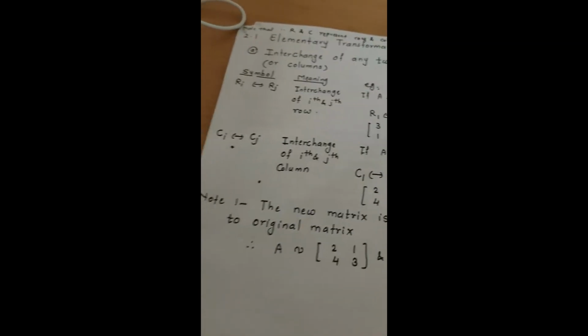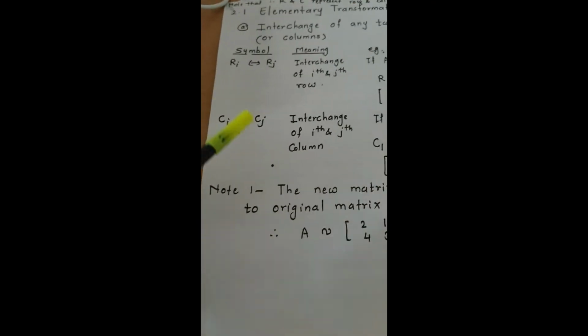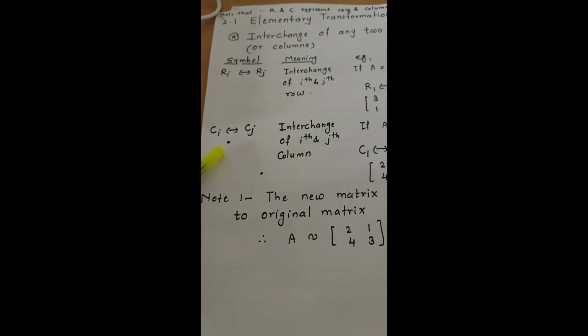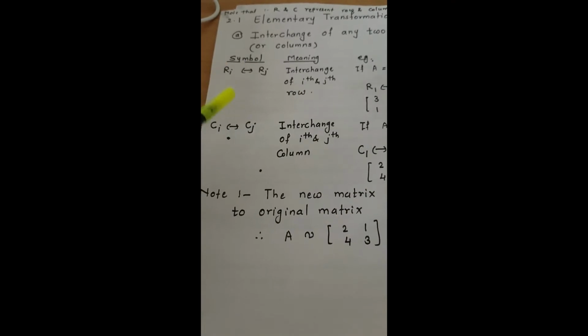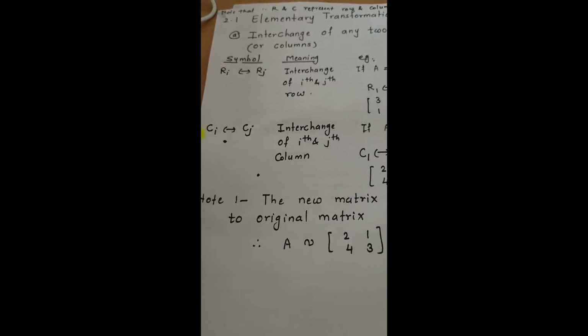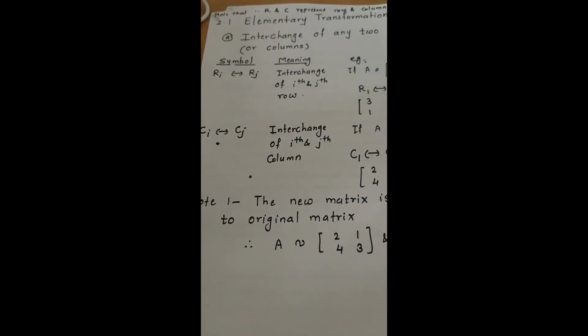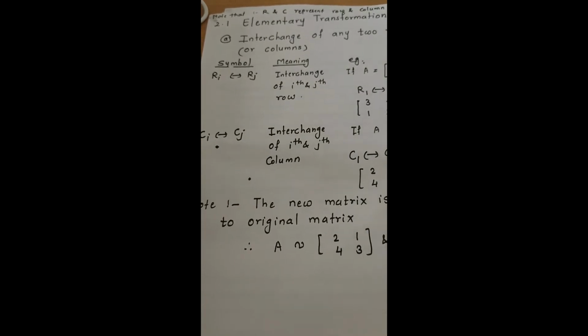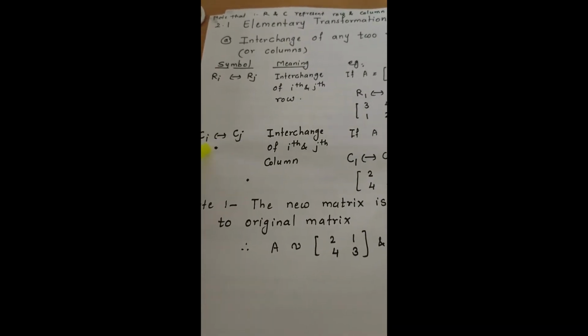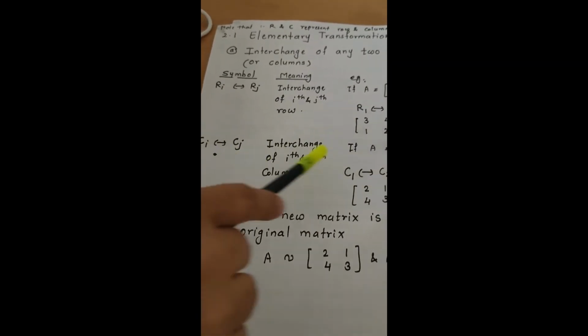Similarly, we can apply this transformation on columns of the matrix. If we have to change the ith and jth column, then we write interchange of ith column and jth column.